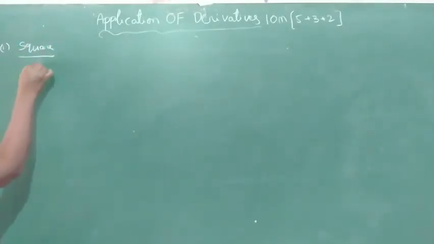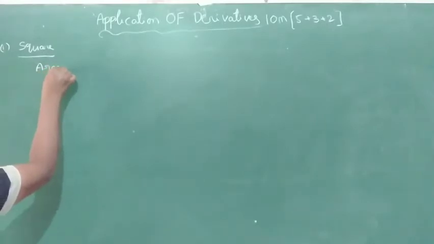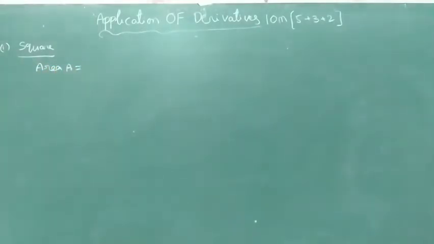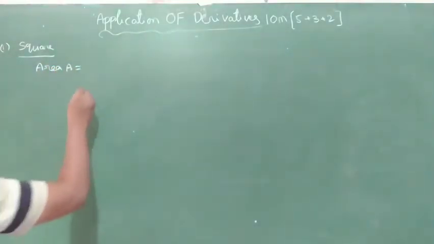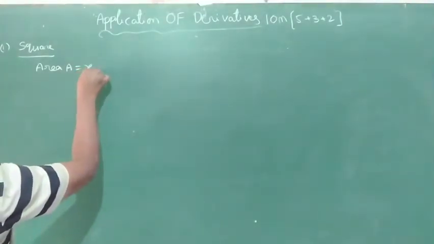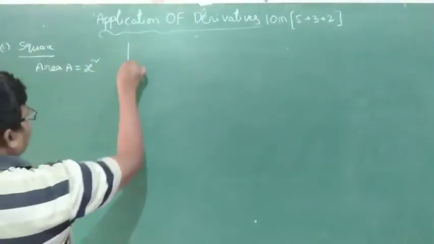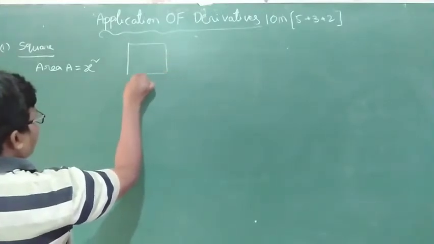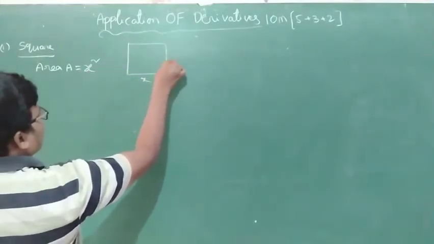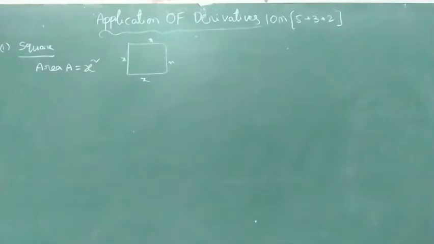Square. Area of square, area A is equal to x square. In square, all sides are equal. The area is denoted by capital A. The area of square is side into side, x square.